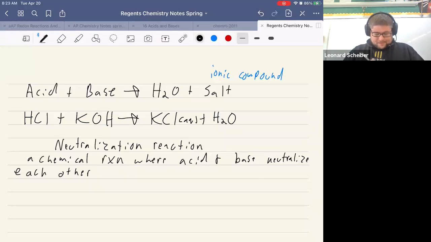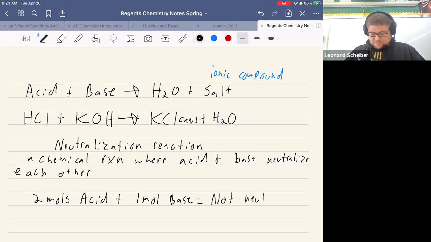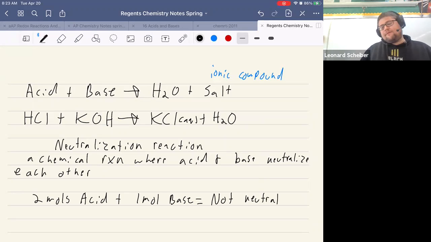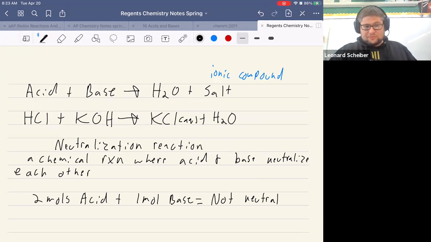Right? But if I had 2 moles of acid and we added that to 1 mole of base, we know that's not going to be neutral. So not only do we add acids and bases, but we have to add the same amount of moles.